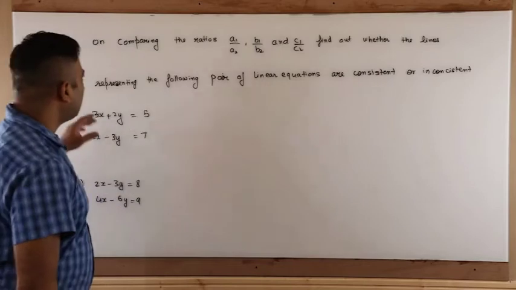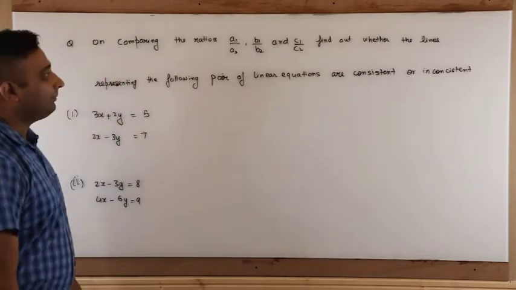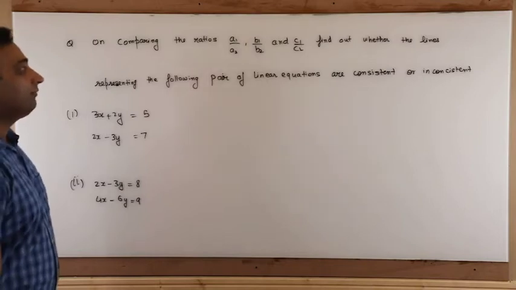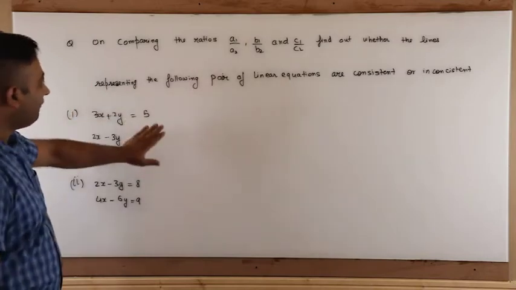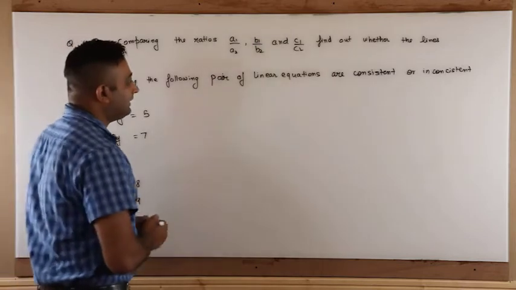Now let us discuss one more problem on comparing the ratios A1 by A2, B1 by B2 and C1 by C2. Find out whether the lines representing the following pairs of linear equations are consistent or inconsistent.